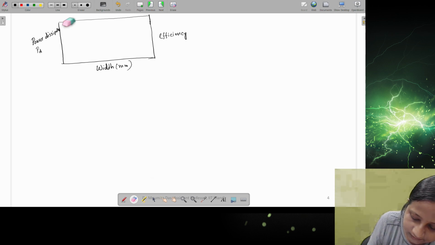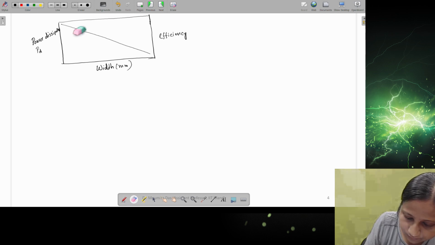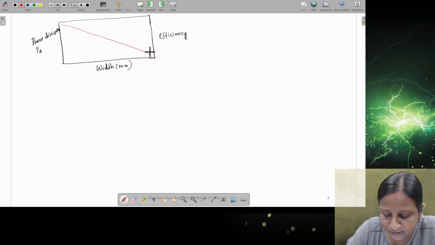So like power dissipation, let me use a different color so it will be visible properly. It is decreasing as width increases, you can see here.